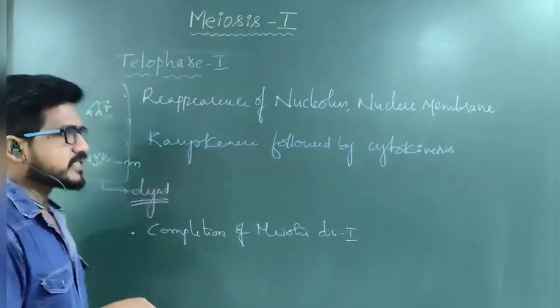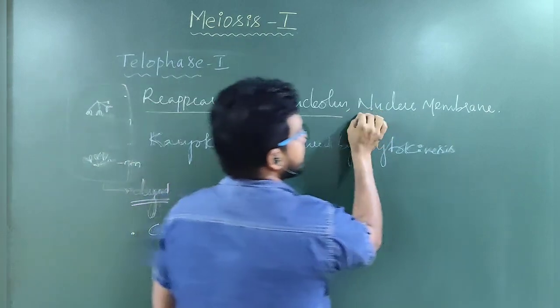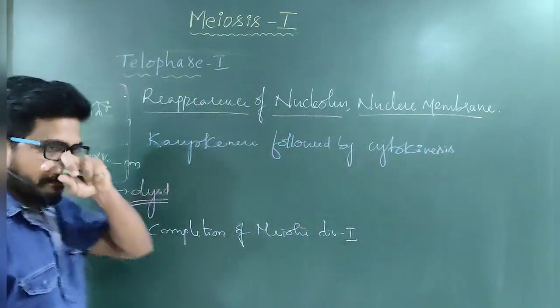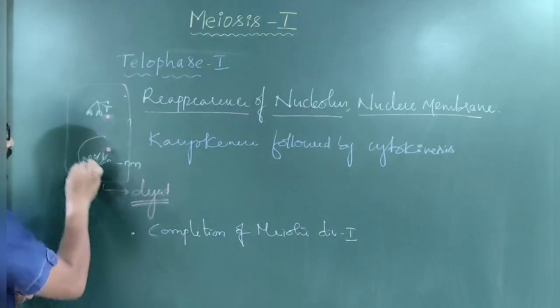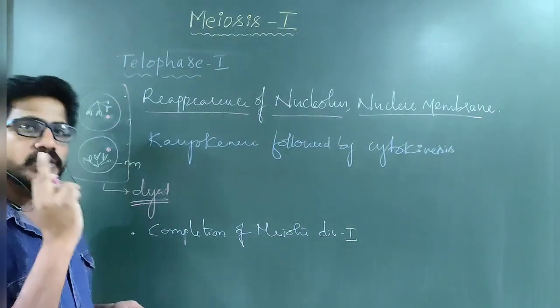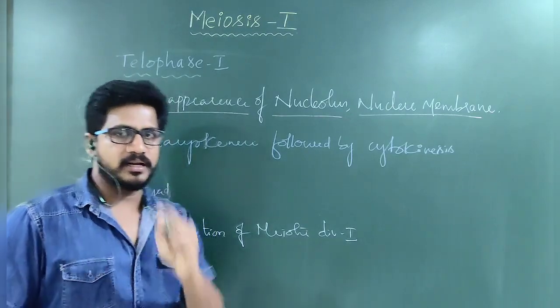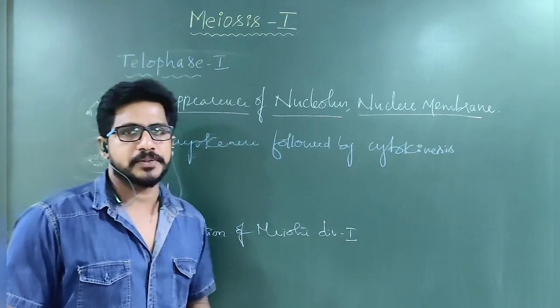After anaphase, what happens? Reappearance of the nucleolus and reappearance of the nuclear membrane. So this is the nucleolus and this is the nuclear membrane. Then these are two separated nuclei in one cell. That condition is called dyad, the binucleated state.